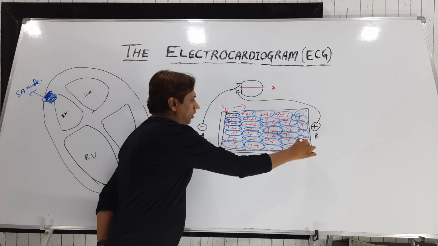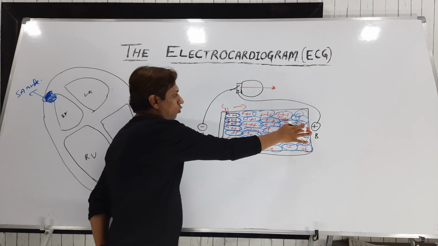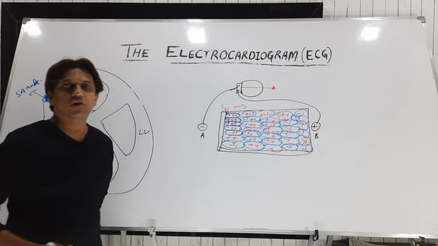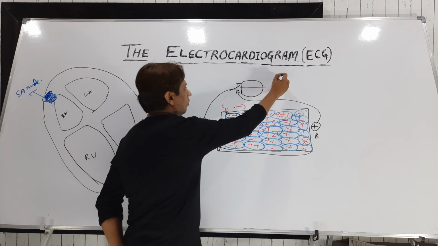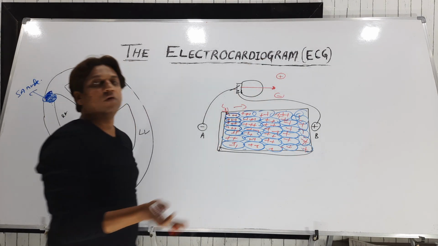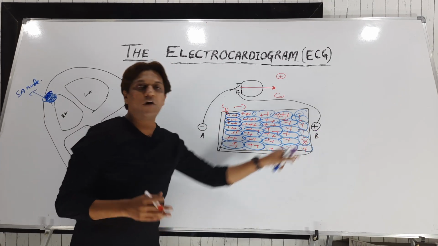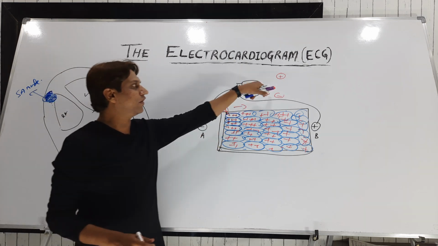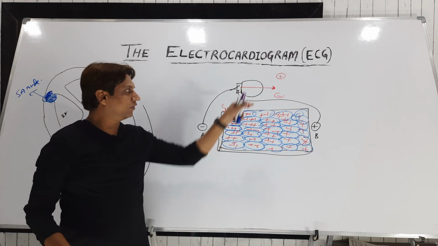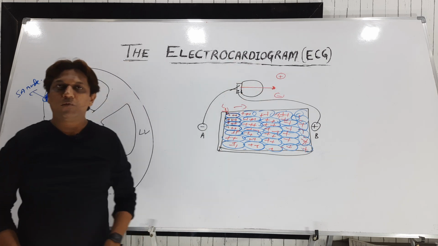When the positive current, meaning depolarization current, is moving towards the positive electrode, then there is a deflection in this galvanometer towards the positive, and it will move up, okay. Remember, whenever positive current moves towards the positive electrode, the deflection is shown as a positive sign, that is, this pointer will be moving up.